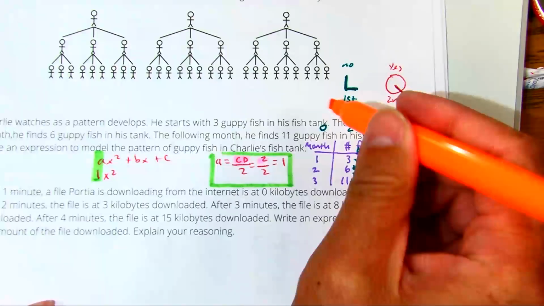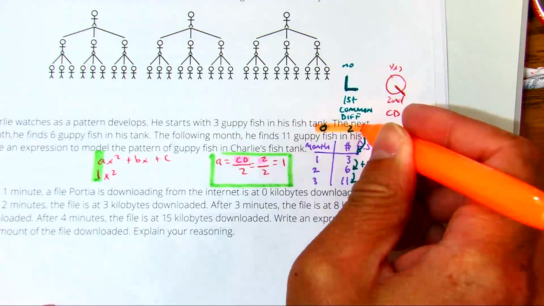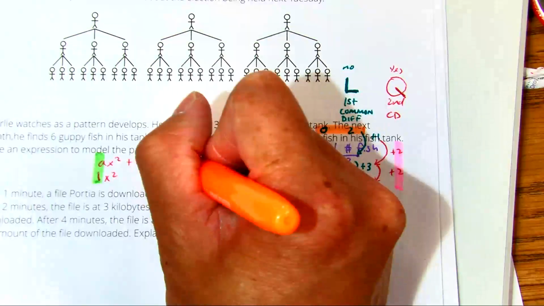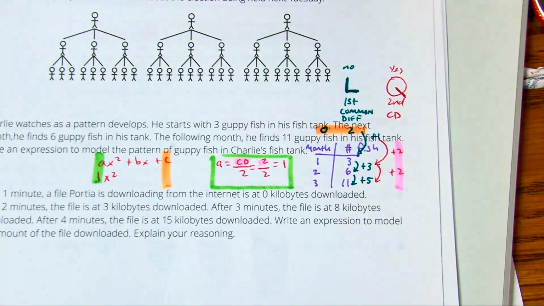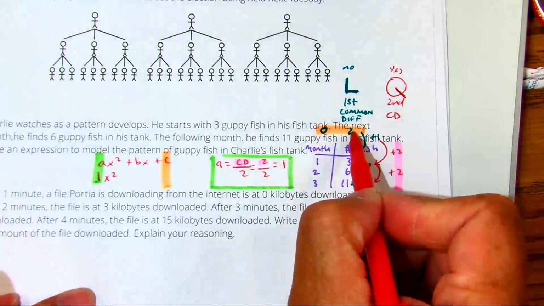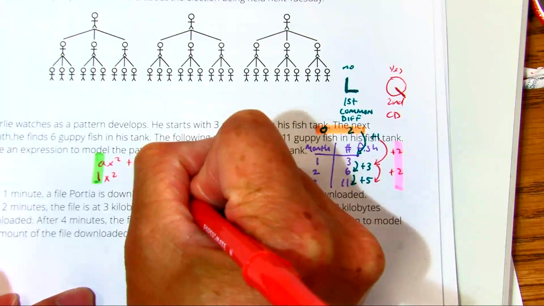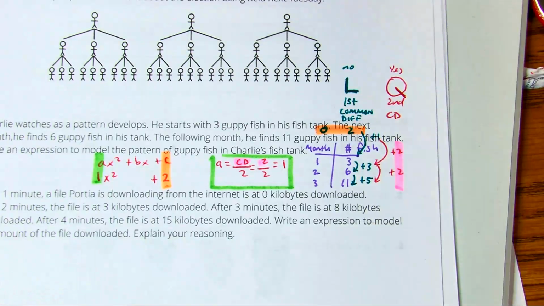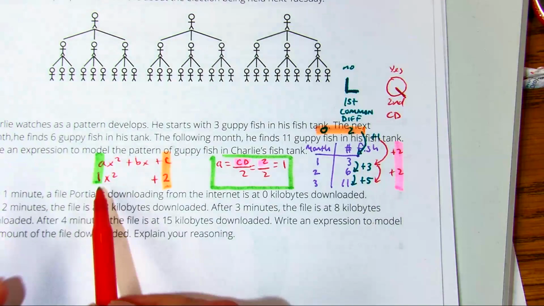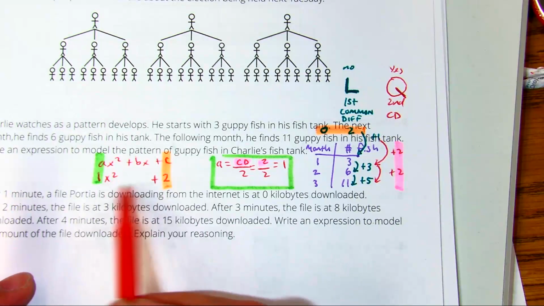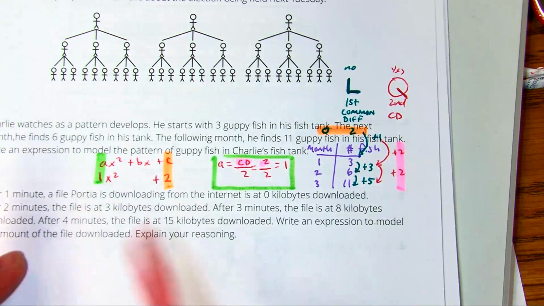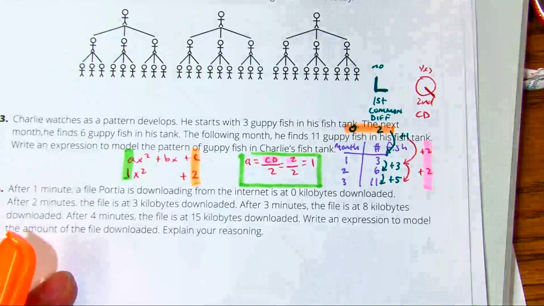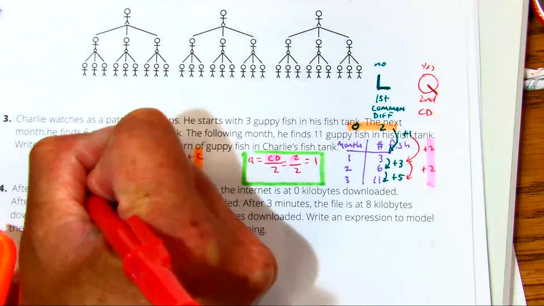When you go back up to 0, this is your y-intercept, and this becomes your c value. So you have a plus 2. And this is your answer. 1x plus 2, or do we write the 1 there? No. So the best one you could have had is x squared plus 2.